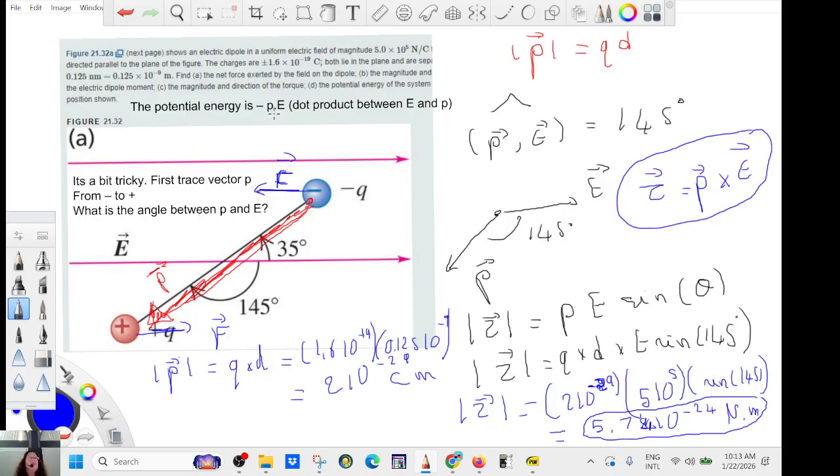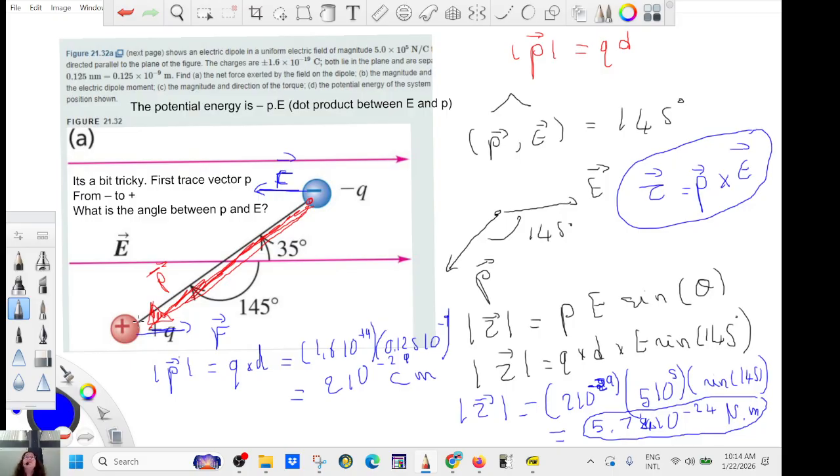Okay, so the potential energy by definition of a dipole inside an electric field is going to be P dot E and it's a scalar. If the dipole is against the electric field, it's very, very unhappy. It has a very high potential energy. If it's aligned with the electric field, now the potential energy is minimum and it's happy.